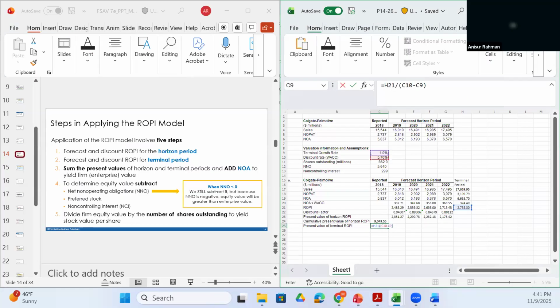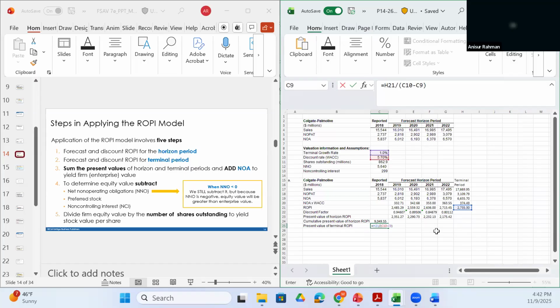Now, note, this actually stands at the end of year 2022, right? Because if this is 1, this is year 0. So now we need to bring it further back here. So 4 more years before. So we have to discount it or calculate the present value of this amount for 4 more years.